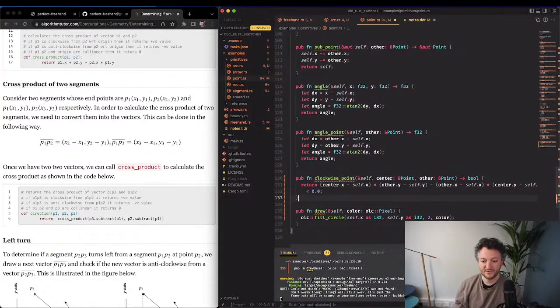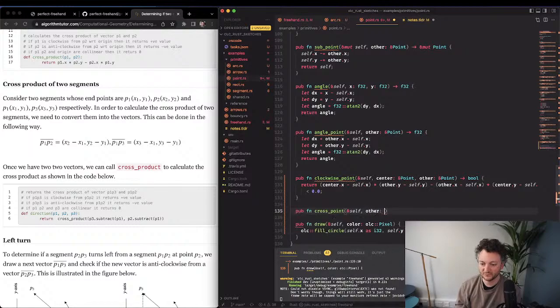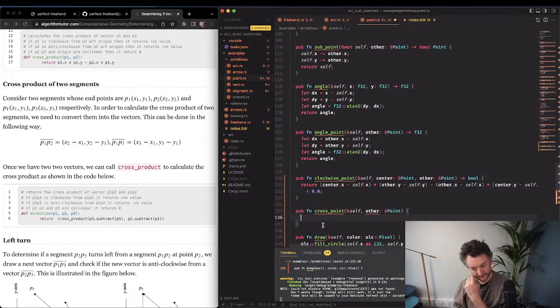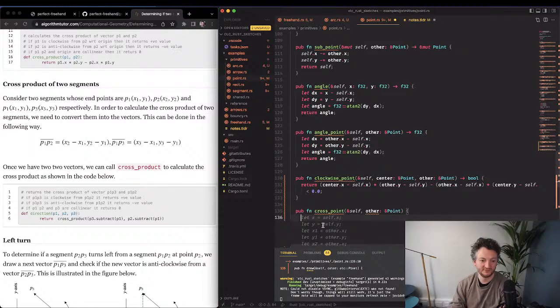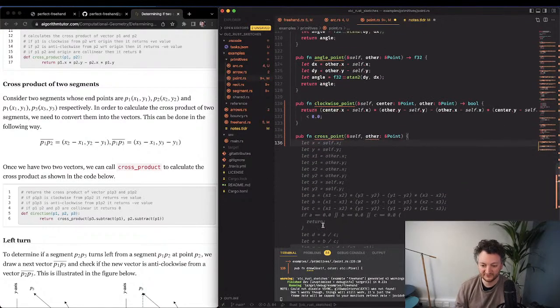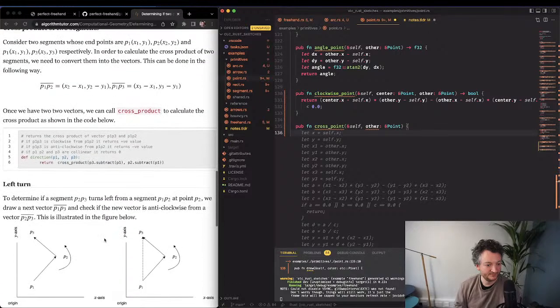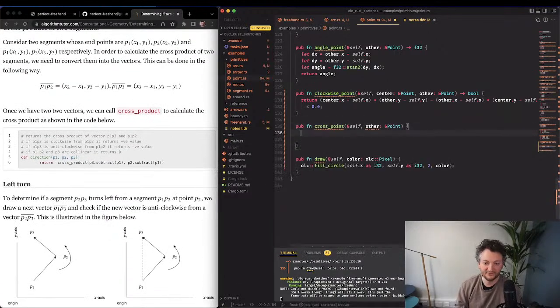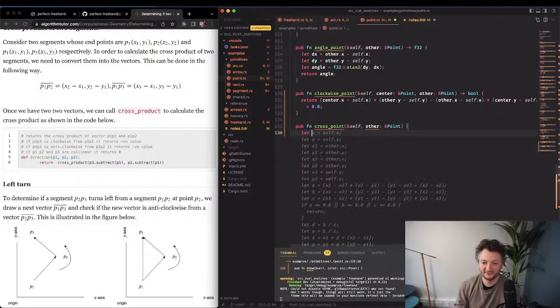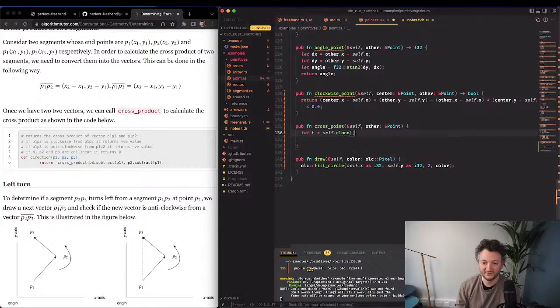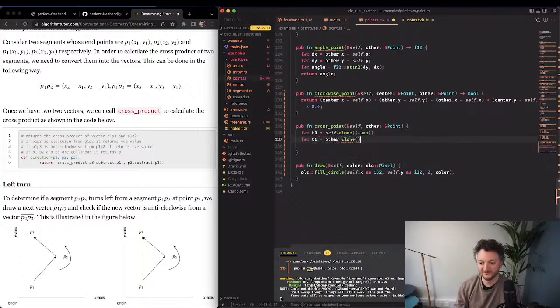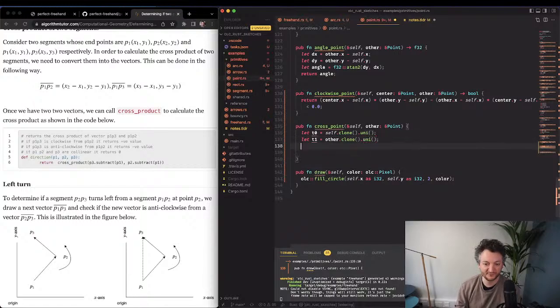I should have done this earlier, but whatever. And these are going to have to be somewhat normalized. So we want to let t equals self.clone unit that, it's other.clone unit. This is messy, or wasteful, but I'm gonna do it anyway.